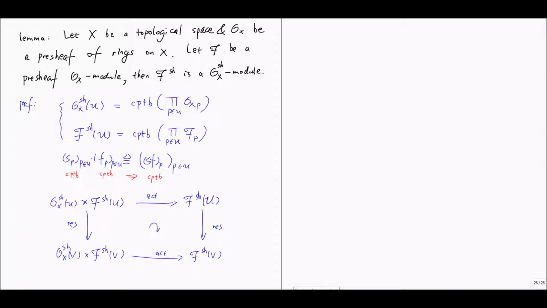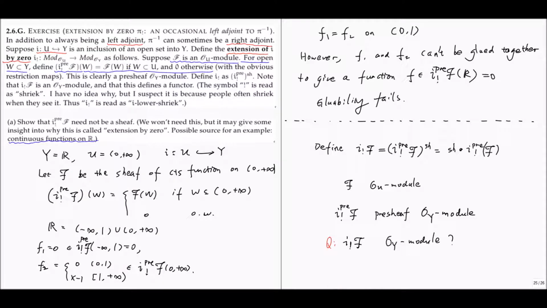Therefore, the sheafification of F is really an O_X module. So this i shriek F is an O_Y module. Here, O_Y is already a sheaf of rings.